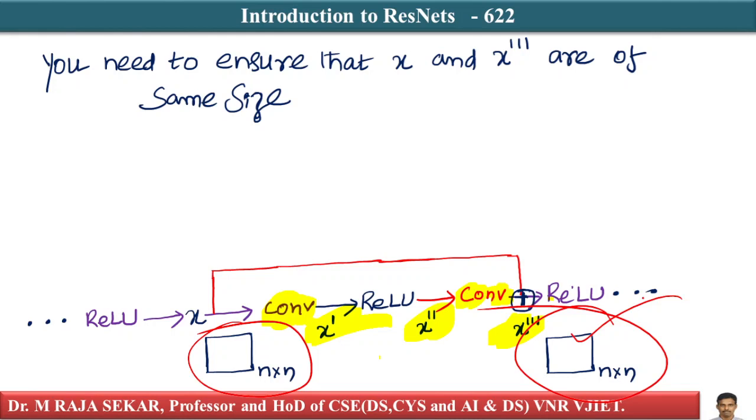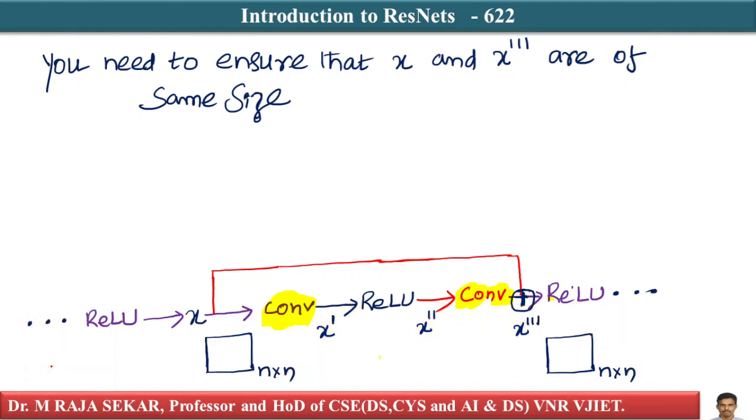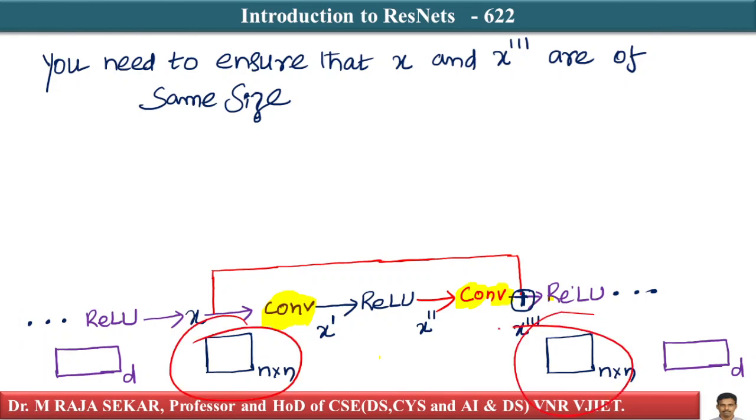If x is a vector of d dimensions, then x triple dash is also a vector of d dimensions, isn't it? That is important, which means you need to do padding carefully.